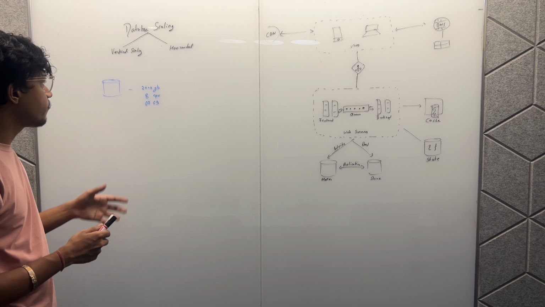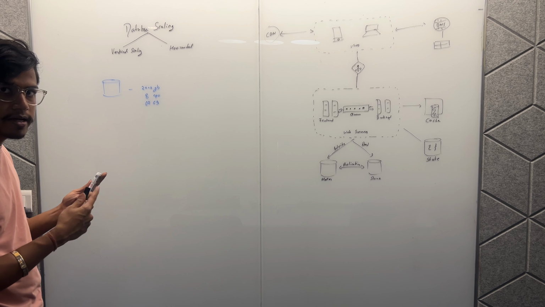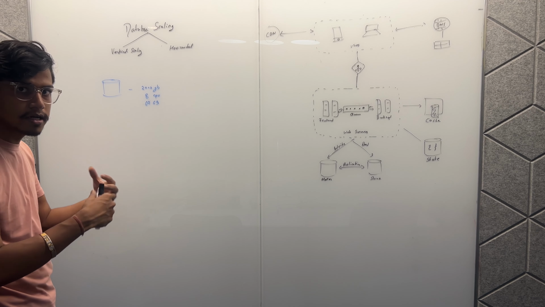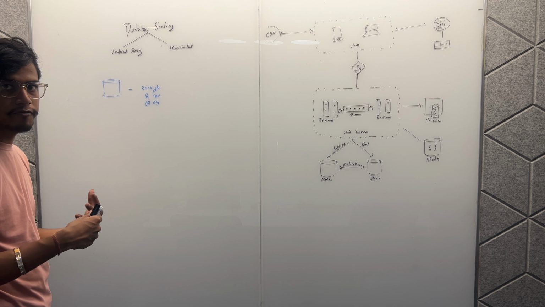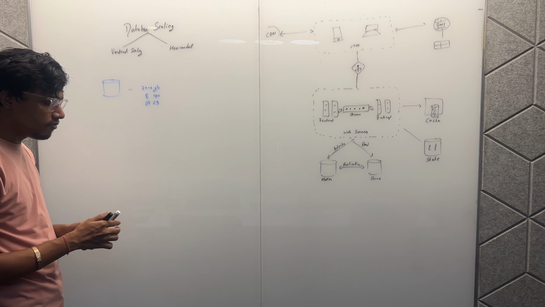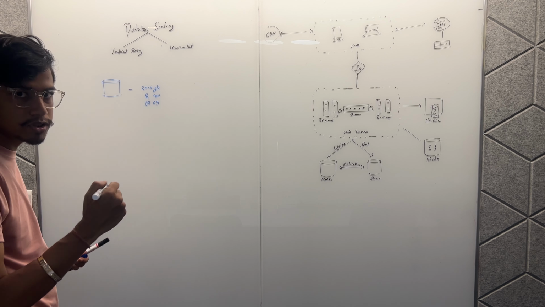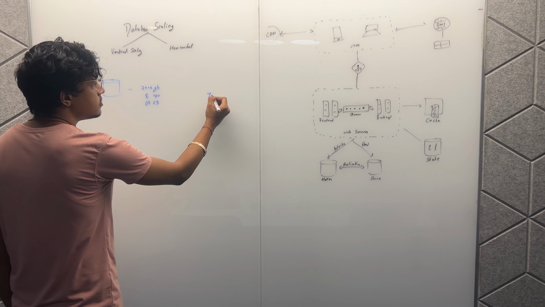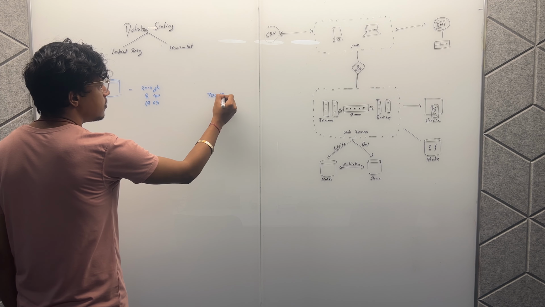So this is one of the very big disadvantages, that you cannot scale up after a certain point of time, because the number of users can keep increasing, but after a certain point you just cannot scale it. I think the maximum RAM in Amazon you can give to a particular database is around 700 gigabytes, something around this number.